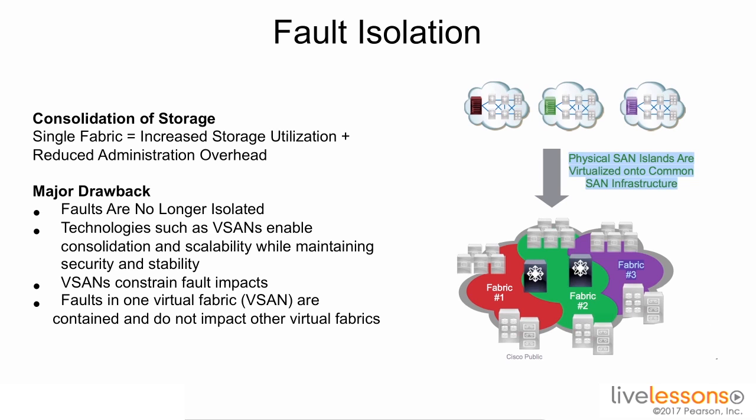Usually, a fault in a single vSAN does not affect other vSANs on the network. But if you were to physically lose a device that was carrying traffic for multiple vSANs, they can be affected. This is the same with any other virtualization technology.